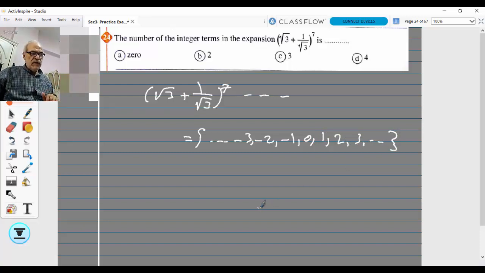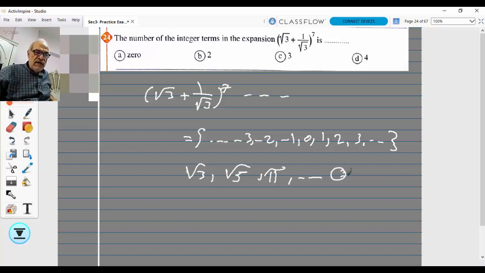And we have another set which contains numbers like root 3, root 5, pi, and so on. This set is Q dash, the irrational numbers. Of course, an irrational number doesn't belong to integers.